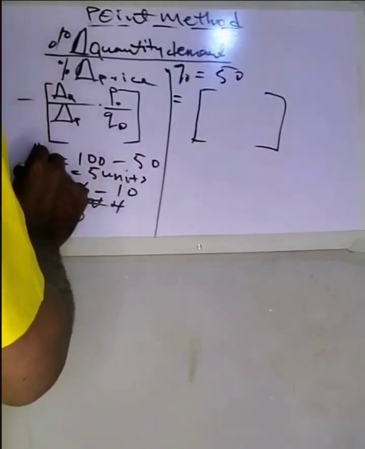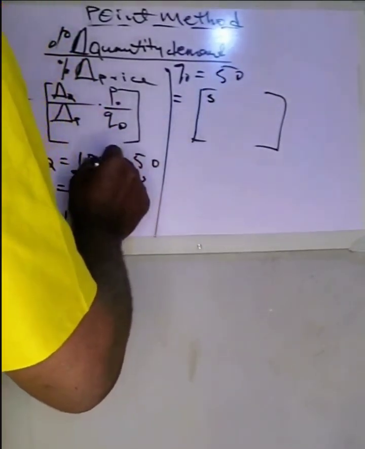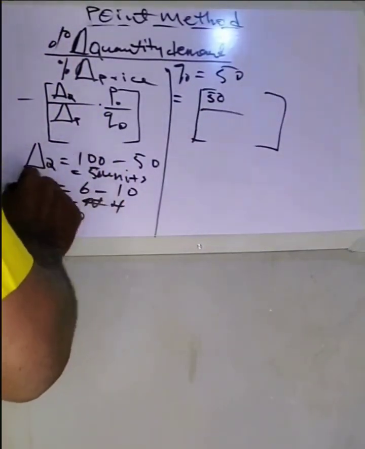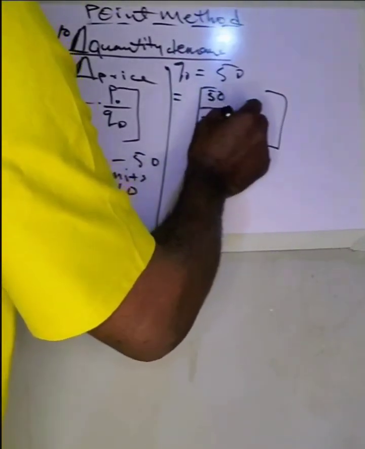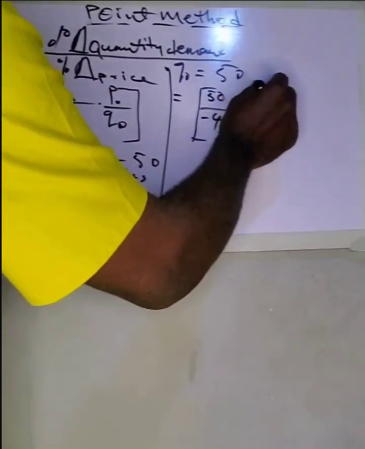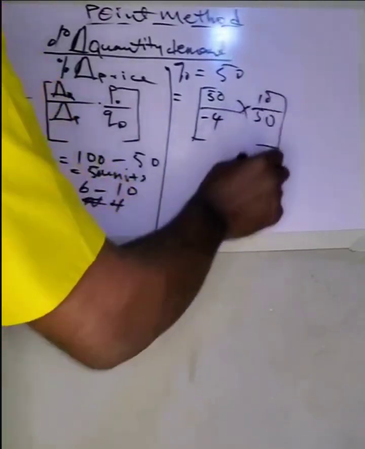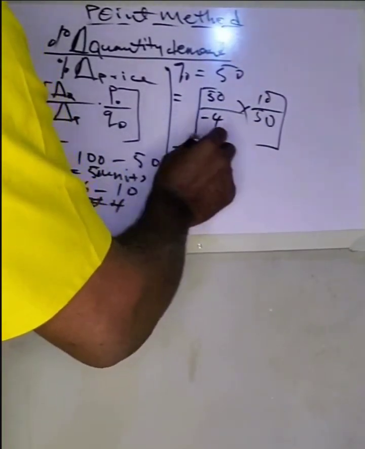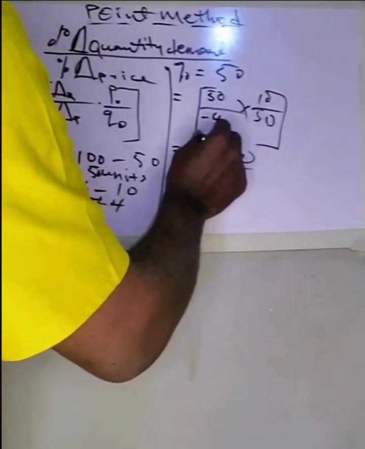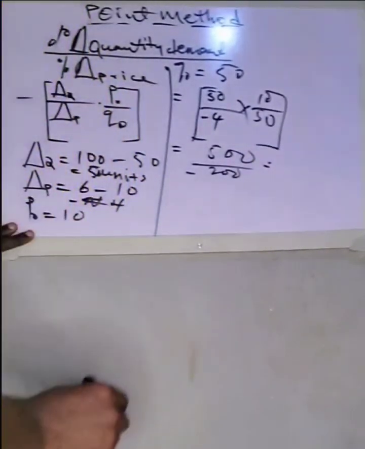Our change in quantity is 50 units, not 5 units. 50 units over our change in price, which is minus 4, times our old price, 10, over old quantity, 50, is equal to 5 times this is 500 over minus 200.